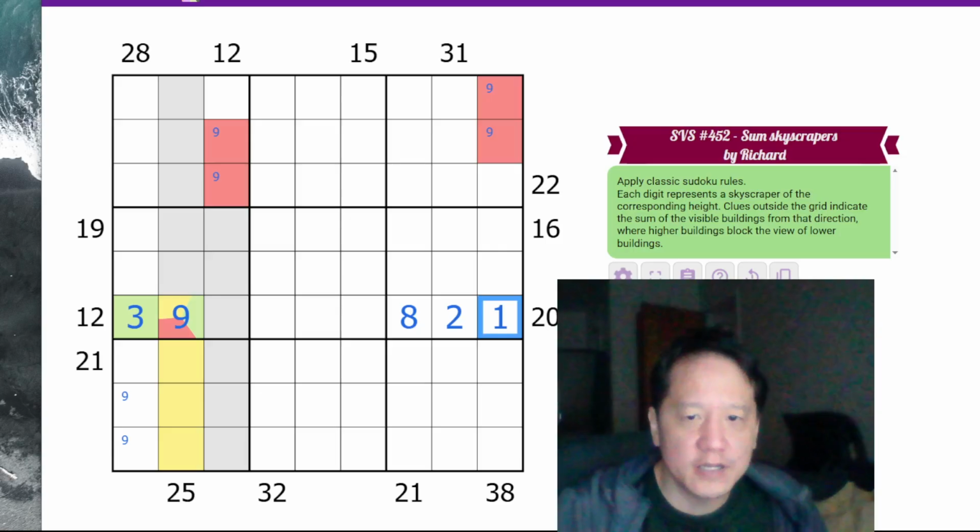Obviously, there's a 9 here. 1 can't be seen vertically here. It is seen horizontally. So this is seen, this is seen, this is seen. This is seen vertically, vertically, vertically, and vertically. This is seen horizontally, vertically, vertically, and vertically.